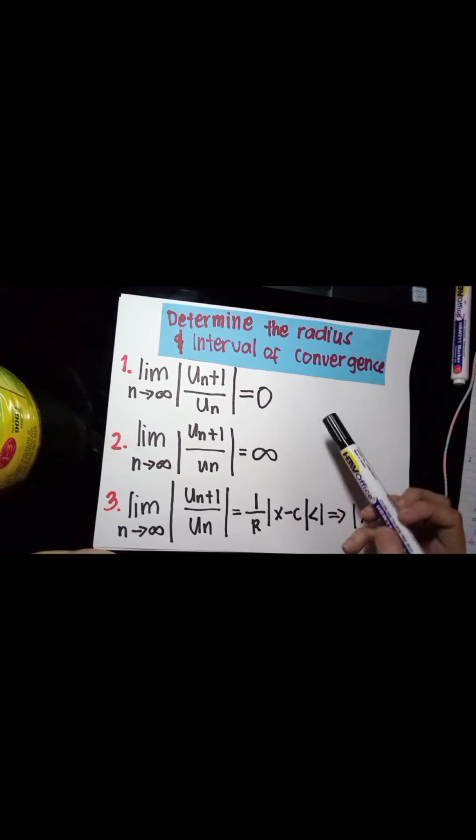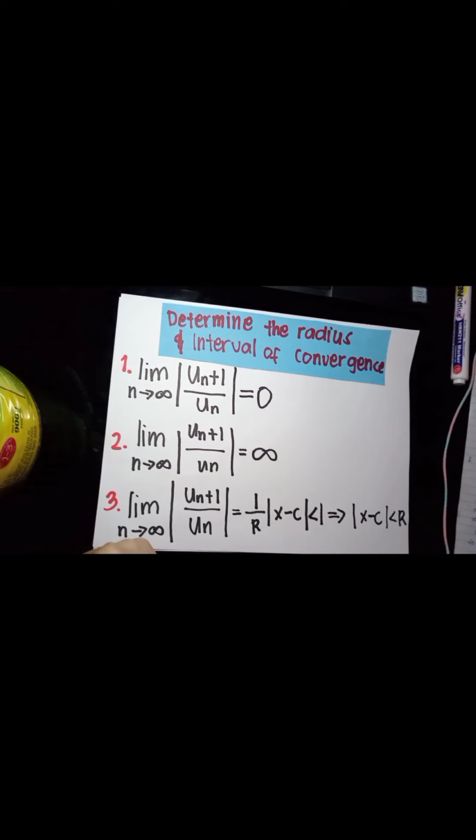To determine the radius and interval of convergence, we need to use the ratio test. What if we use the ratio test, the limit as n goes to infinity of the absolute value of u sub n plus 1 over u sub n, and we get 0? What does that mean?